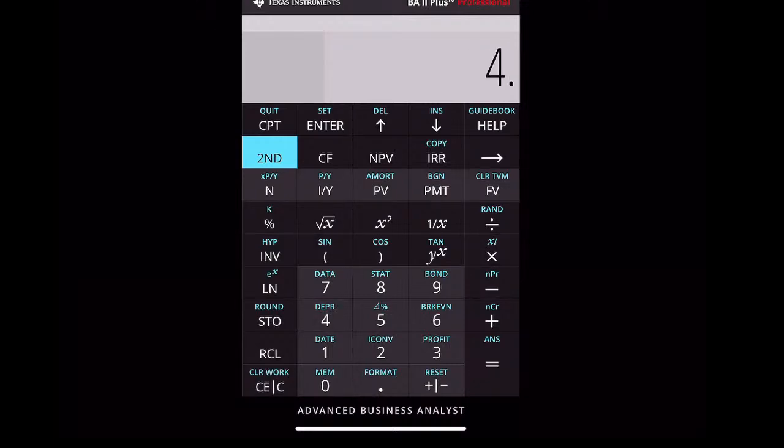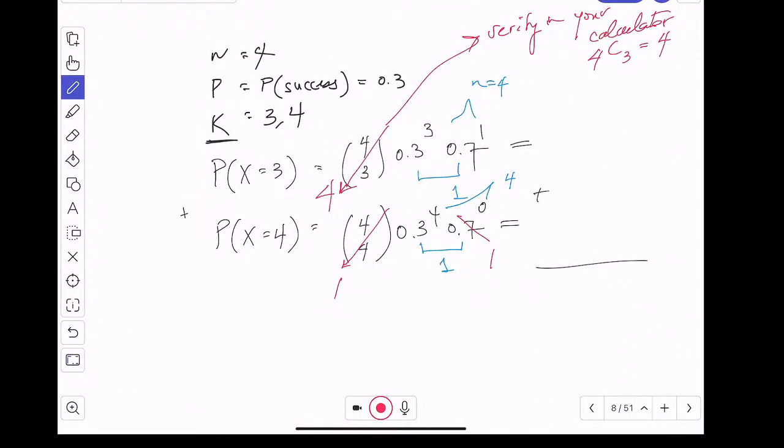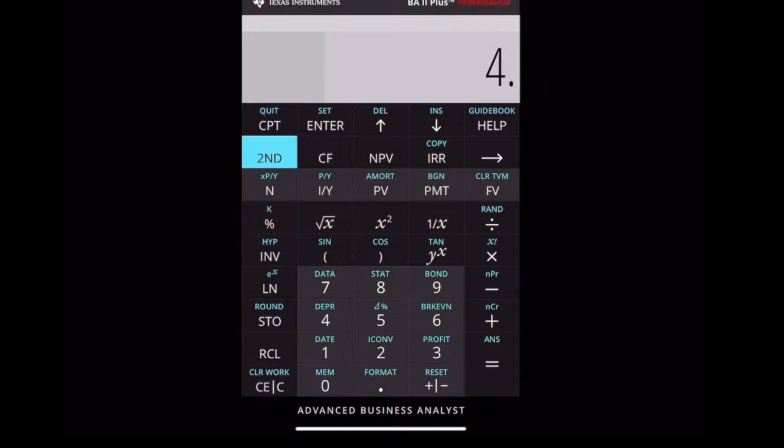So 4 times bracket 0.3 to the power 3 close, times 0.7.